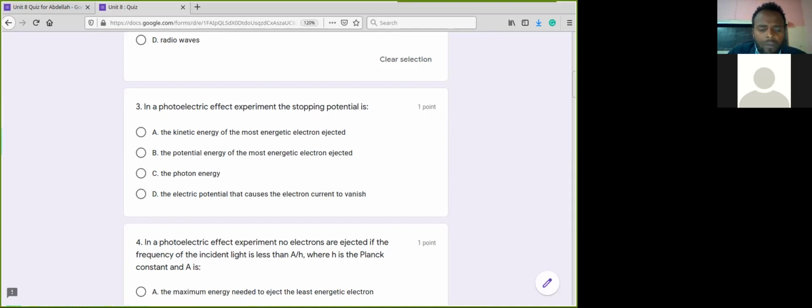So the stopping potential times the electron charge gives the kinetic energy required to eject the electron, and the energy of the ejected electron is proportional to the frequency.